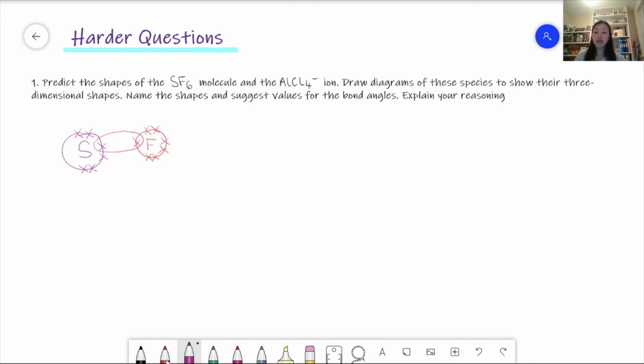So the dot and cross would look like this. 2, 3, 4, 5, 6. These would all be fluorines, and they would all give an electron each. And they would still have their 6 on the outside.